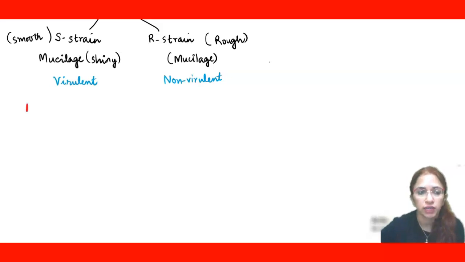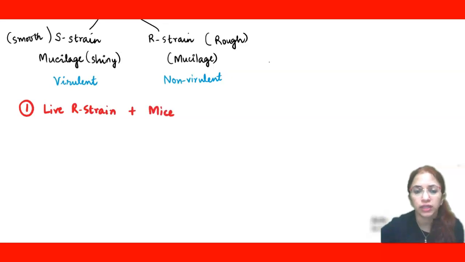So the first time, he took the live R strain and injected this in the mice. What he noticed was that the mice did not develop pneumonia and the mice were very much alive. This was his first finding.